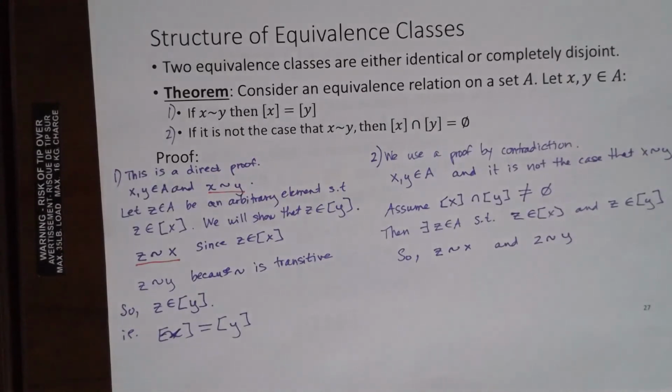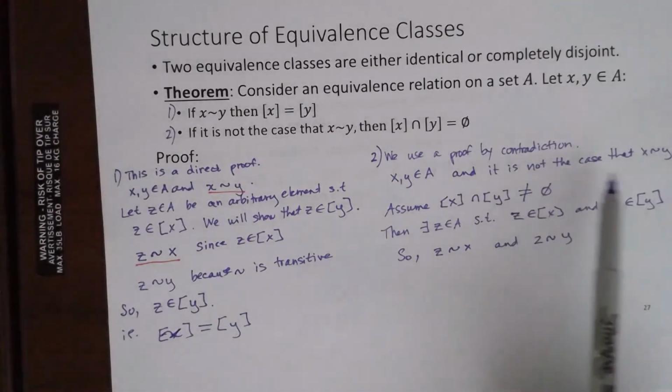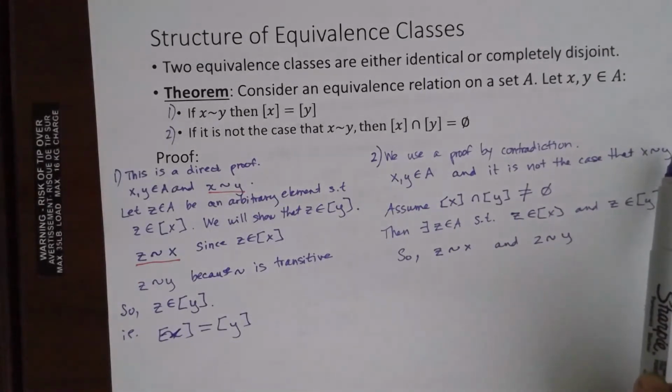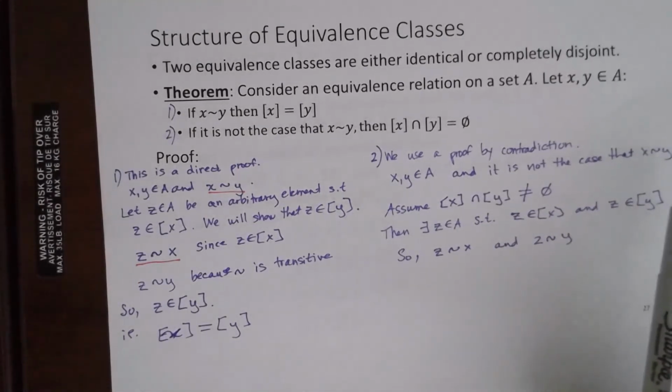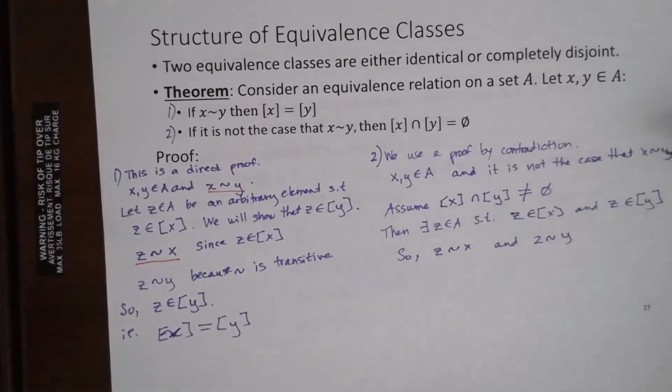Okay. Now I'm trying to arrive at a contradiction. And so notice what I had up here, that it's not the case that X is related to Y. So if I could somehow show that X was related to Y, it would contradict this, and I would have the contradiction that I needed.